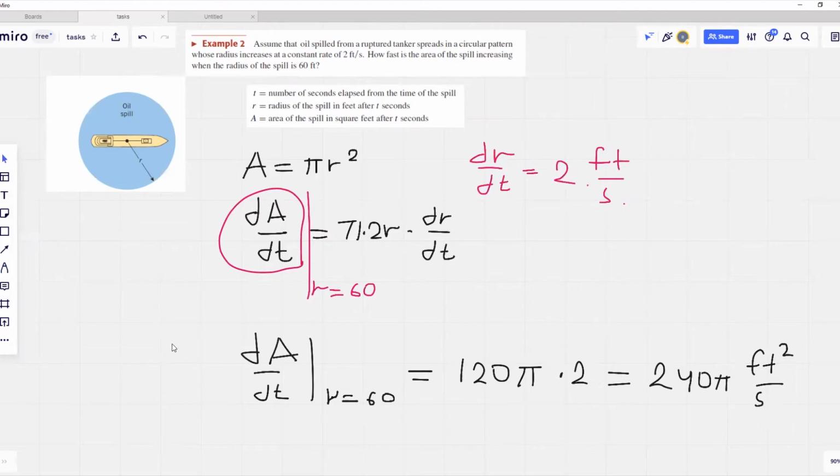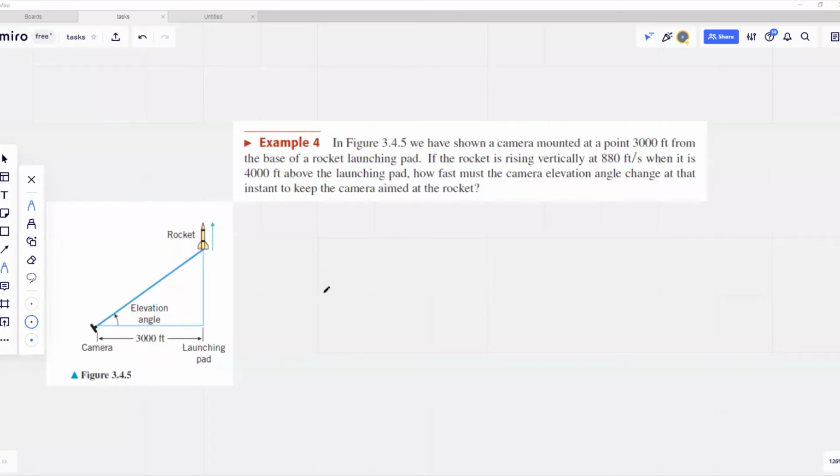All right, now let's move on to our next problem. Okay, next problem. So here we have a camera mounted at 3,000 feet from the base of a launching pad. The rocket is rising vertically at 880 feet per second when it is 4,000 feet above the launching pad. Let's denote some variables here.